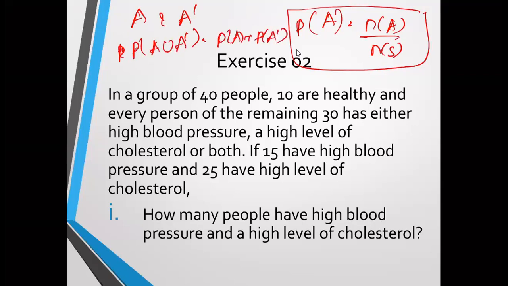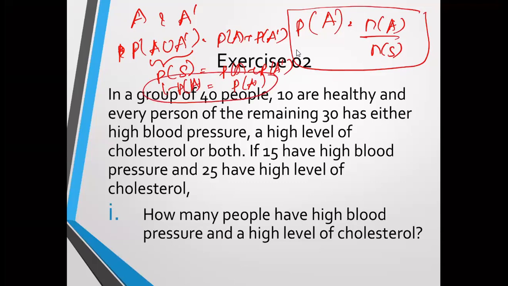Now P(A union A dash) means the probability of the sample space, and I told you the probability of the sample space is always equal to 1, and that is equal to P(A) plus P(A dash). So P(A dash) can be written as 1 minus P(A). So that is the law of complement.